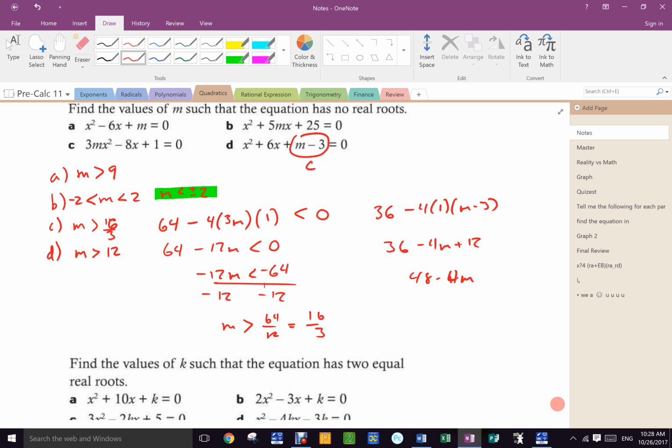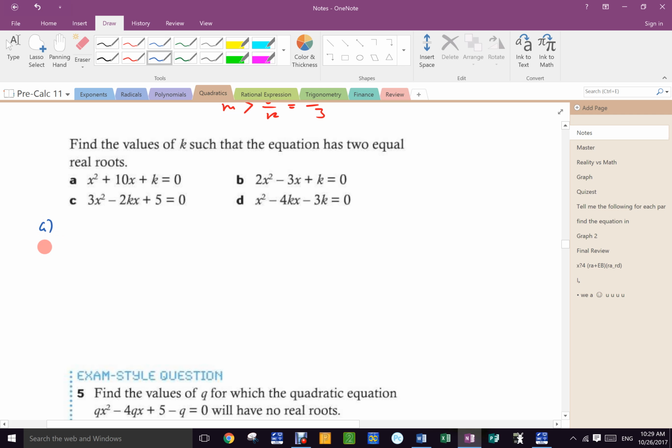Because it's totally different than here. Much like this looks totally different than this. And yet the rules were the same.